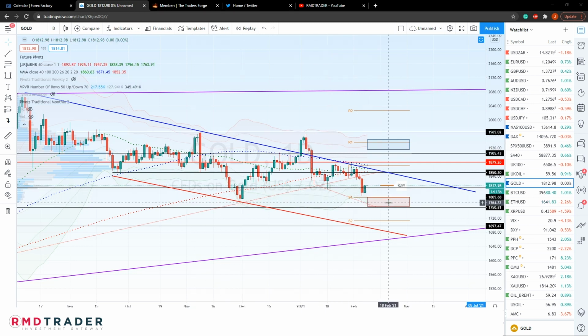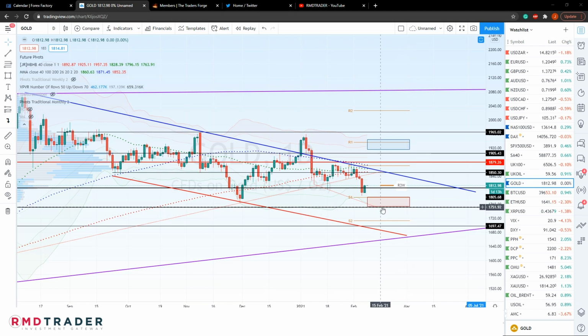That could then lead price up higher towards initially back at the 1,850 level, where it will meet up with the upper diagonal again, and a break above that level could then see price move closer towards that neckline area between our monthly R1 and 1,960. And in such an event, we would have staged a successful double bottom, and a break from that neckline could then see price move all the way higher towards new all-time highs at 2,100 plus.